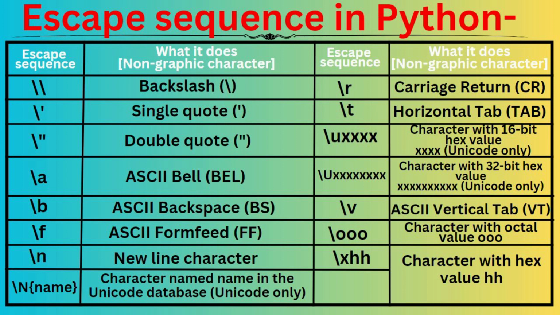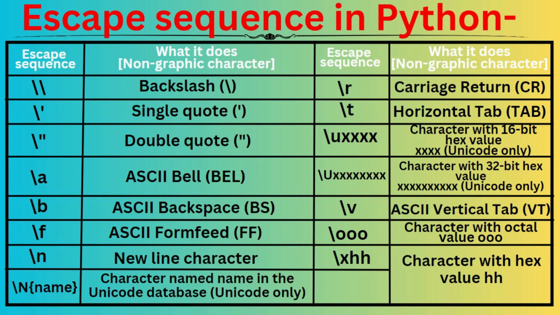Now let's look at the escape sequences in Python. Here we use backslash, single quote, double quote. But what are the purposes of their uses? You should know later, or I will describe it in a later session. Here I just indicate the symbols.